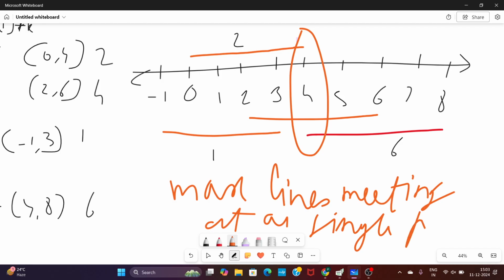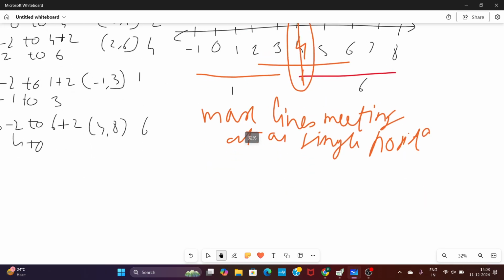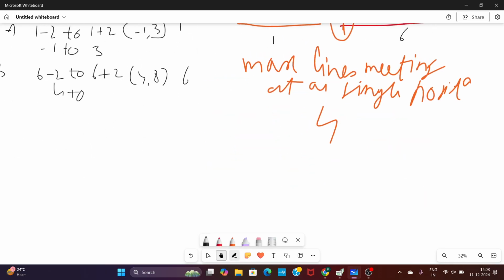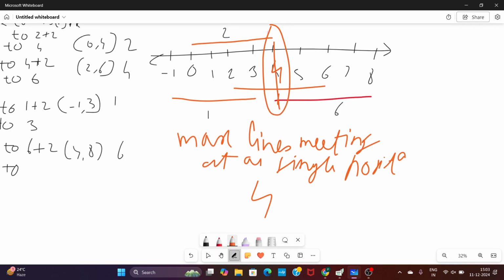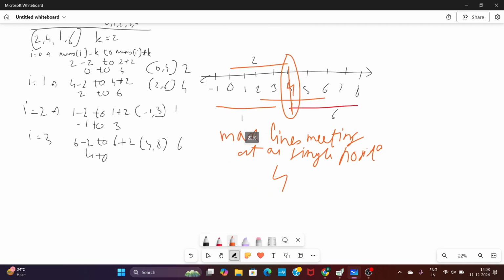The maximum number of lines are meeting at 4, so our answer will be 3. The lines which are matching at 4 are those of 2, 4 and 6. So our three numbers will be replaced by 4: 4 is already 4, so it stays, but 2 and 6 will be replaced by 4.